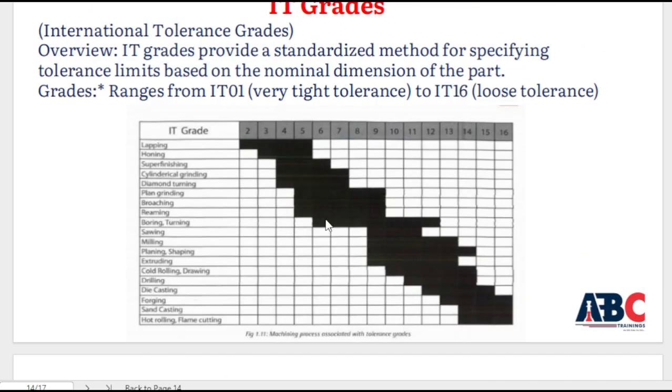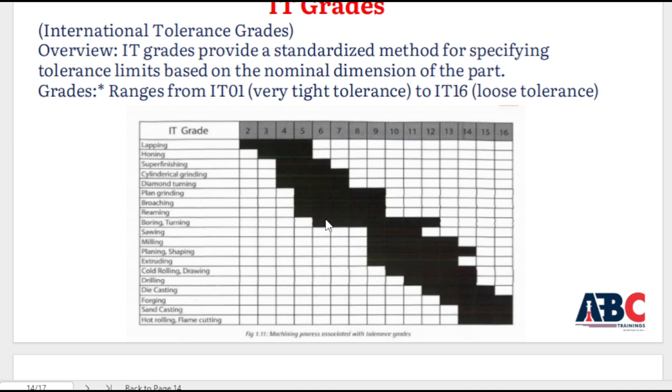We also show the IT grades on the screen. IT grades in lapping are 2, 3, 4, and honing is 3, 4, 5.